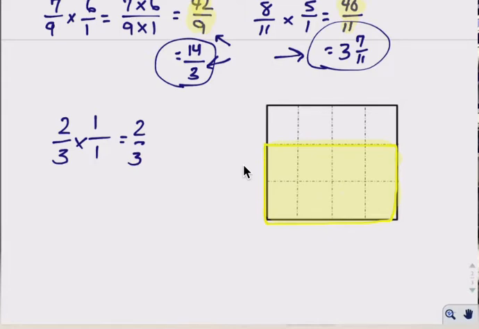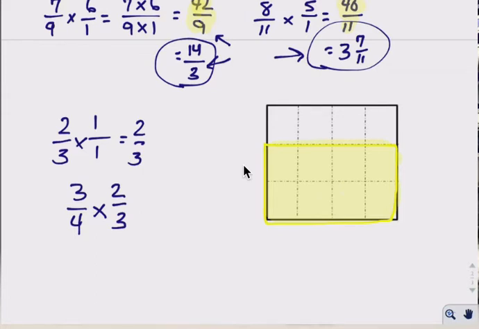That's our 2/3. What if I want to take 3/4 of that 2/3? We could do that, couldn't we? Sure we could. If we look vertically, our whole is cut into fourths. Okay?